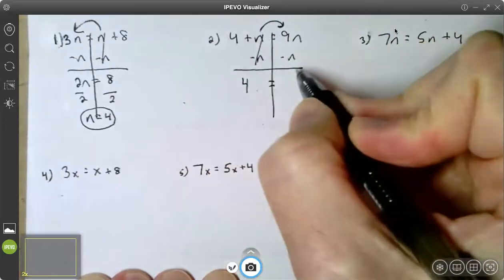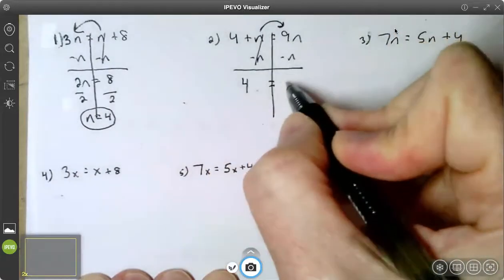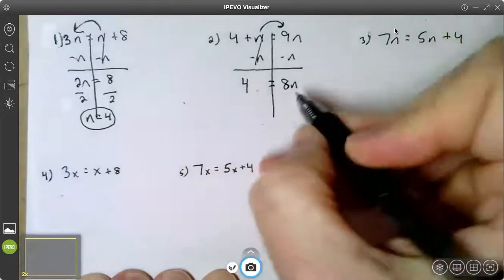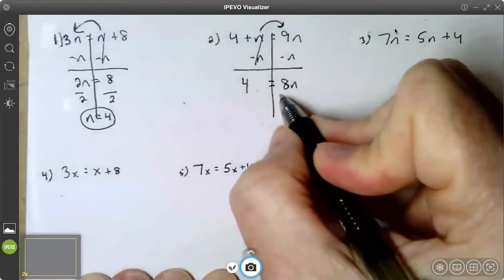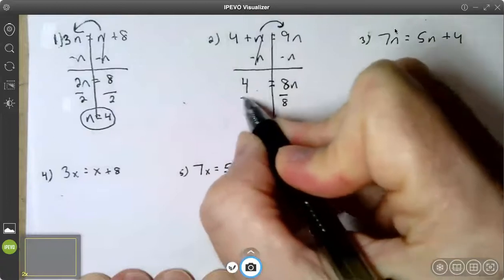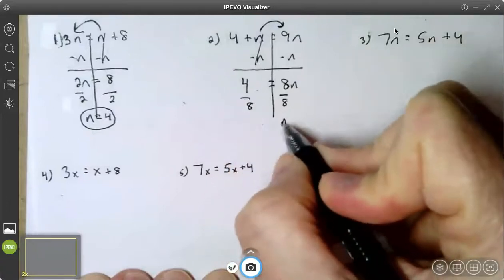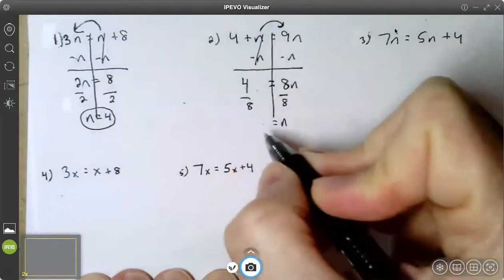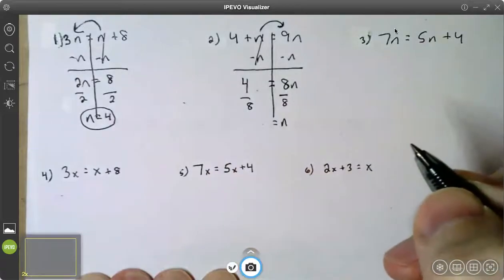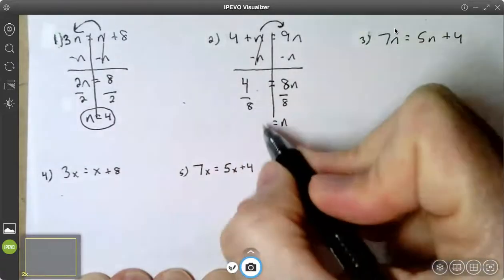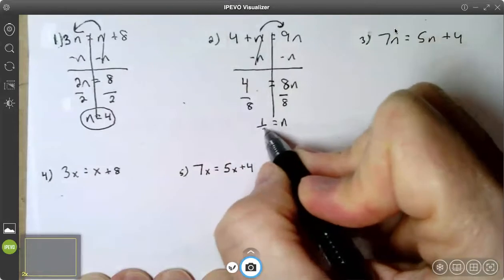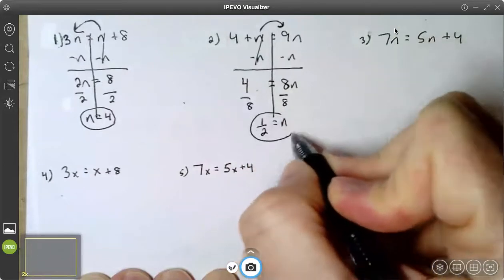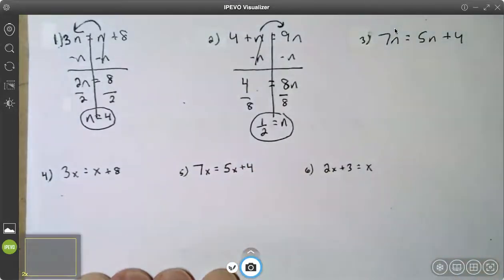My equal sign comes down. 9n minus 1n is 8n. To get rid of times 8, I divide both sides by 8. And 4 divided by 8 is 0.5 in a calculator, but if it's a fraction, let's just simplify it. 4/8 simplifies to 1/2.